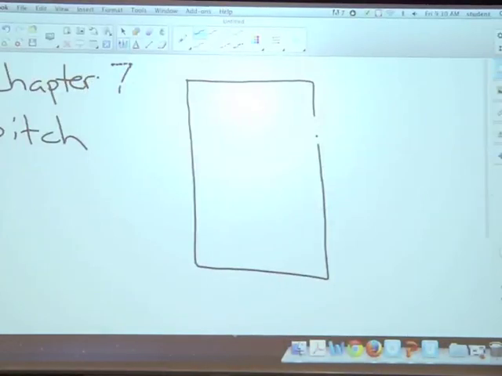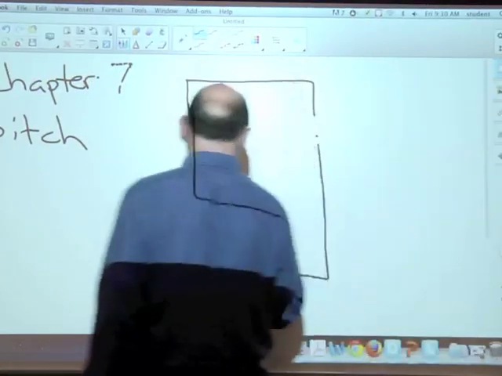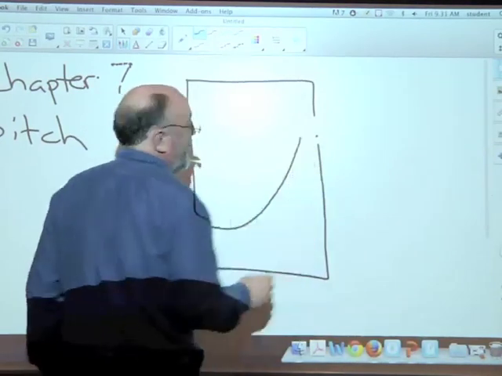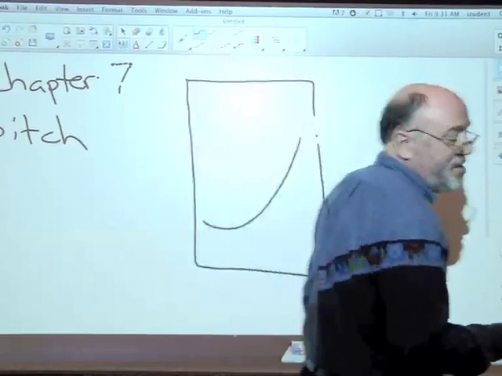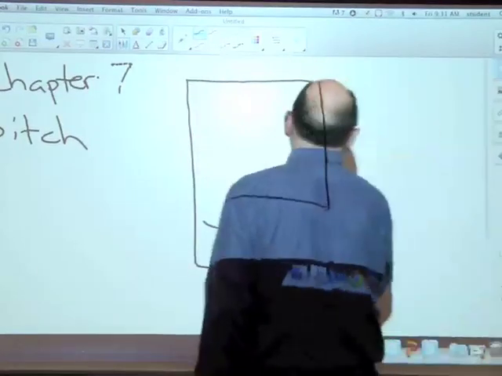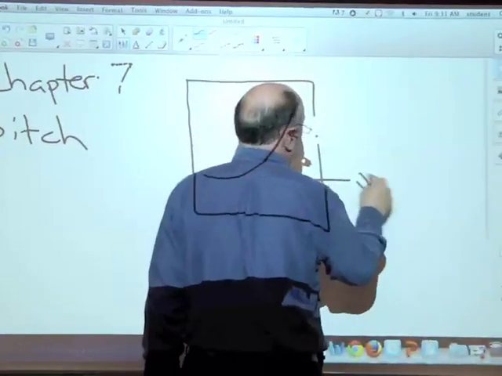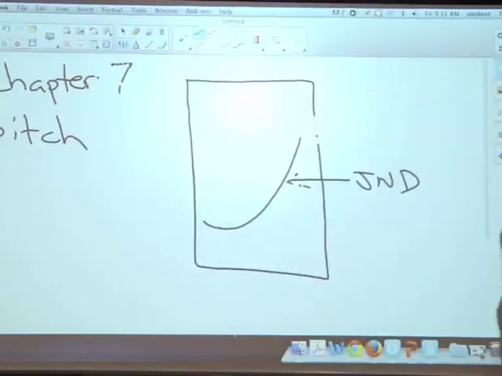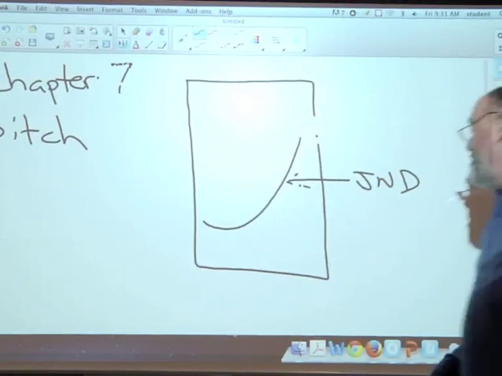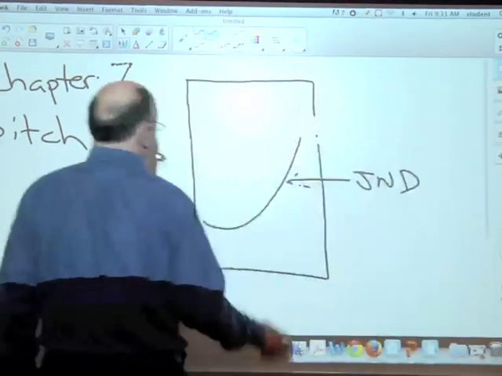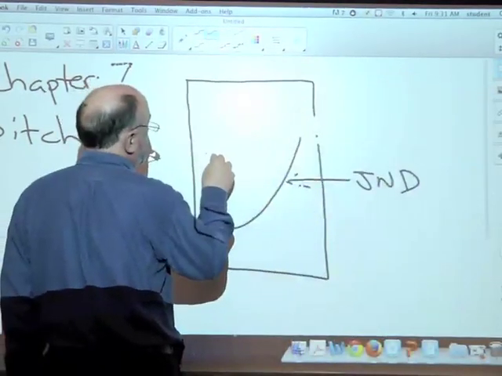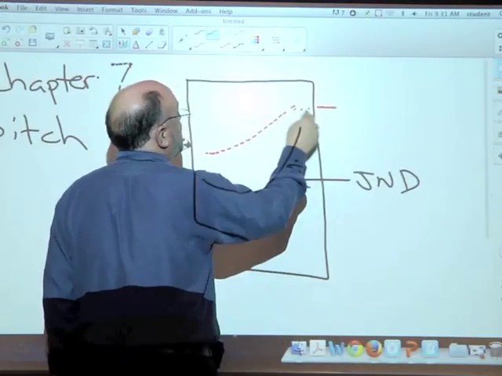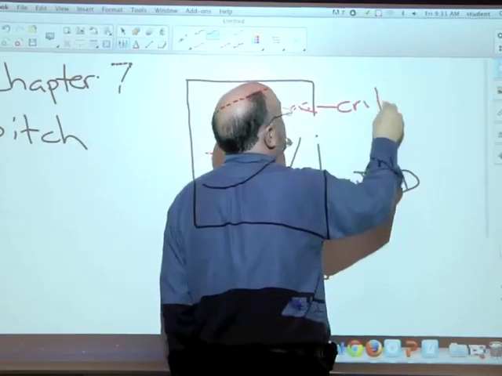We got one curve that goes like this, which is J and D, just noticeable difference. And then the other curve they give you looks something like that. And this curve they tell you is the critical band.